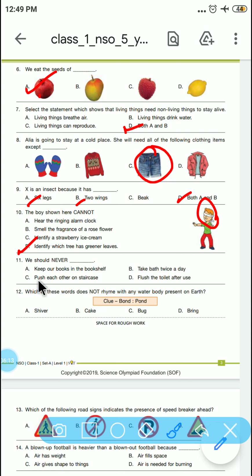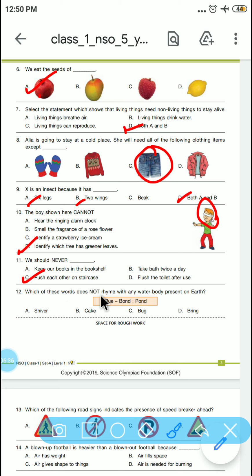Okay, question number 11. We should never dash. What should we never do? Push each other on a staircase, because it can be harmful if anyone falls down from the staircase. It can cause a severe injury.